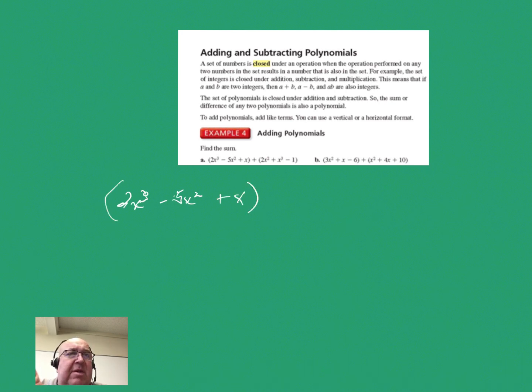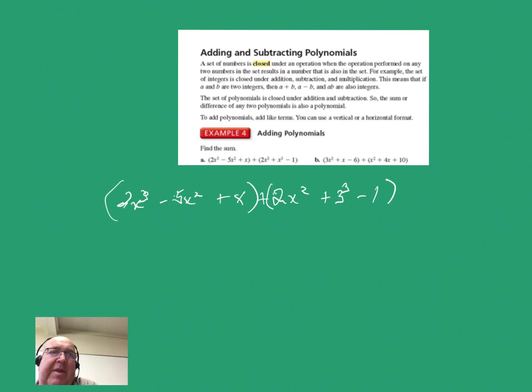So that's 1 plus 2x squared plus x cubed minus 1.